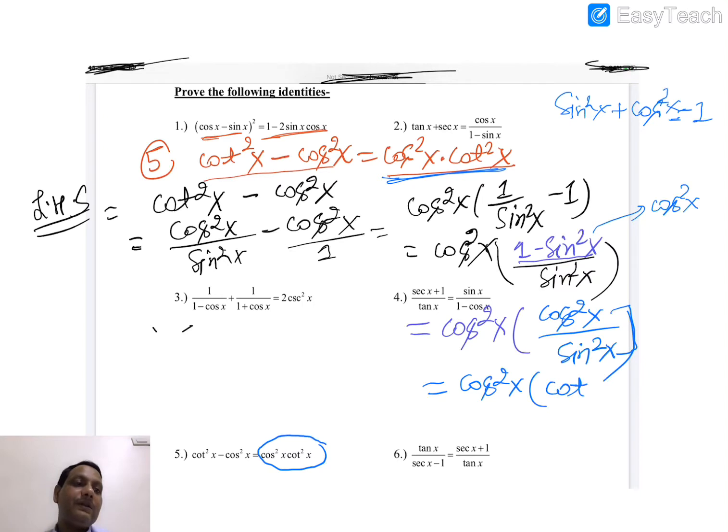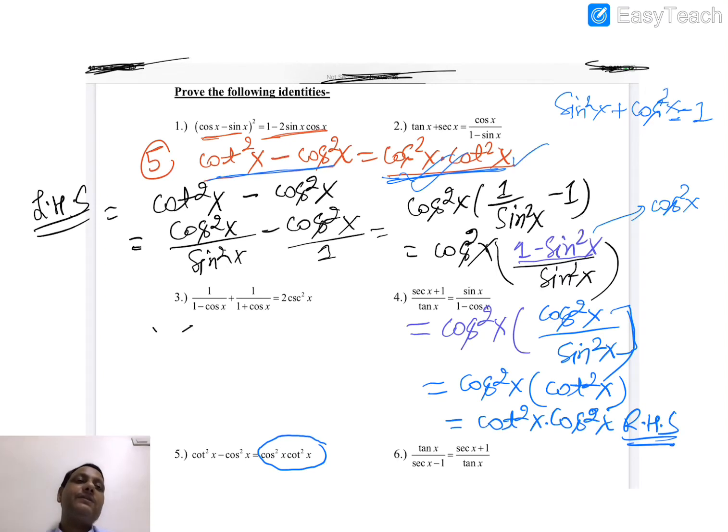Cot square x. So finally you got here cot square x times cos square x, and this is your right hand side, hence proved, or QED. So generally what I told you, we choose left hand side and try to prove right hand side. So this is proved, and there are 4-5 steps you have to think.